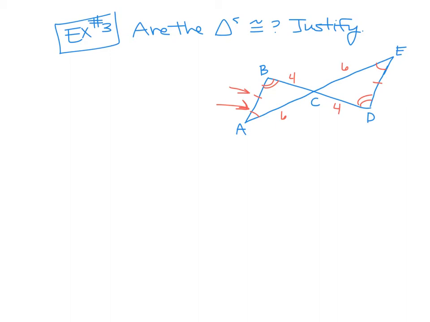So what is our given information? Angle A is congruent to what? Angle E, the single mark, right? We know angle B is congruent to angle D, and we know segment AB is congruent to segment DE. Okay, so all of those are marked with arcs or hash marks.